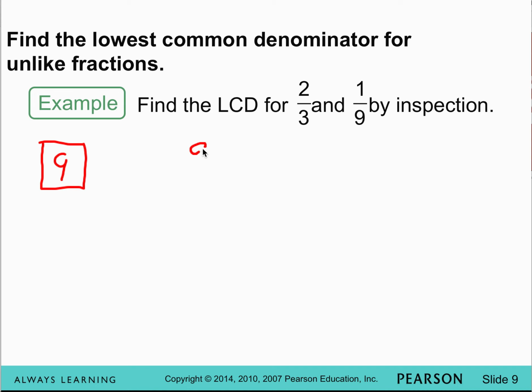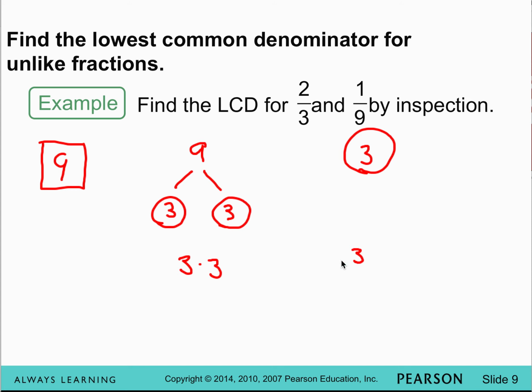Okay, so we're going to do our prime factorization like we were just talking about. Once you get a number that doesn't have any other factors besides 1, you stop. So 9 is 3 times 3. And 3, the only way I can write 3 with any factors is 3 times 1. To find the least common denominator, once you see all your factors spread out, you take anything they have in common.